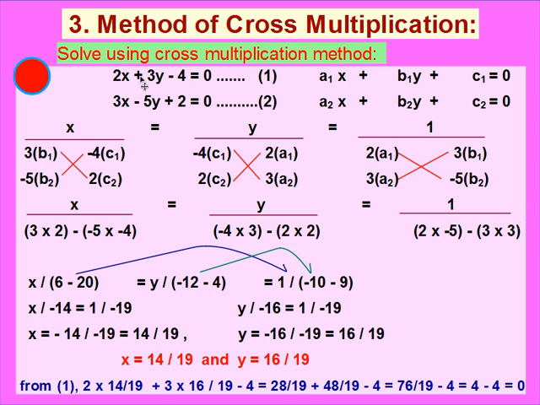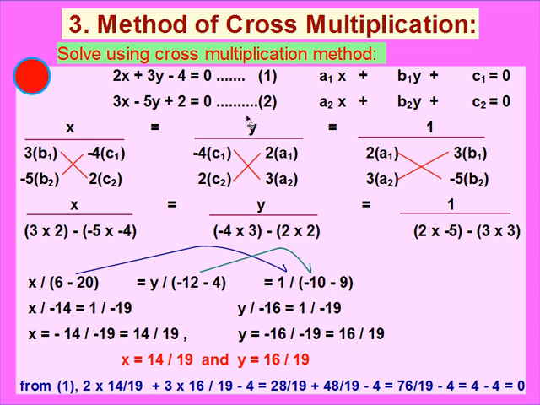See, any equation is in the form of ax plus by plus c equal to 0. I have written here for your reference. First equation is a1x plus b1y plus c1 equal to 0. Second equation is a2x plus b2y plus c2 equal to 0. So now the coefficient of x is a, the coefficient of y is b, and the constant is c.